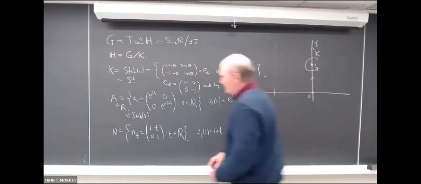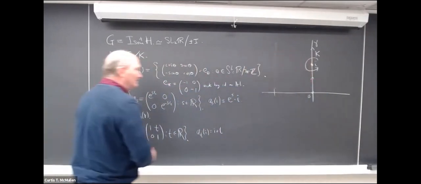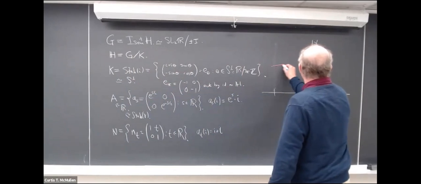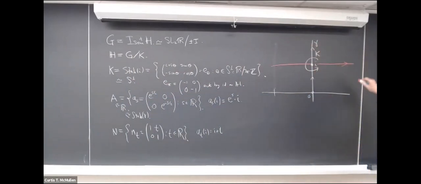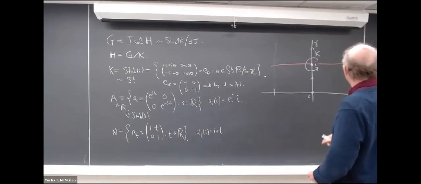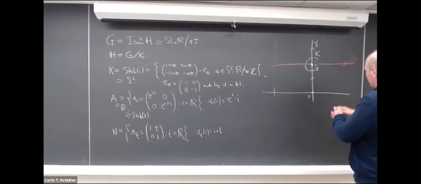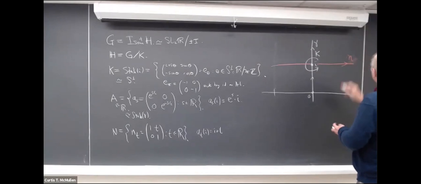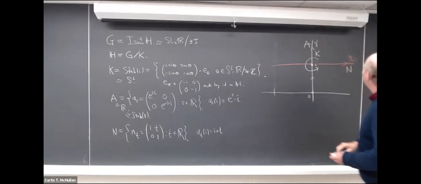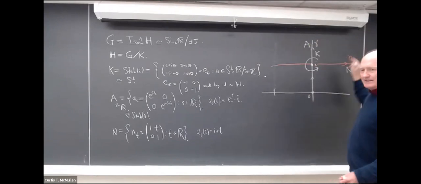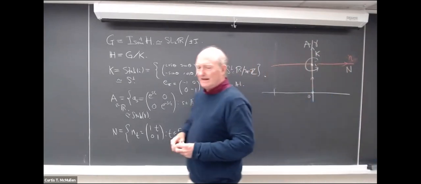So it doesn't move along a geodesic, rather, it moves along this horizontal line here. So this object, which I'll call eta, is the object that's stabilized by N, and gamma is the object that's stabilized by A. What is this object eta geometrically?